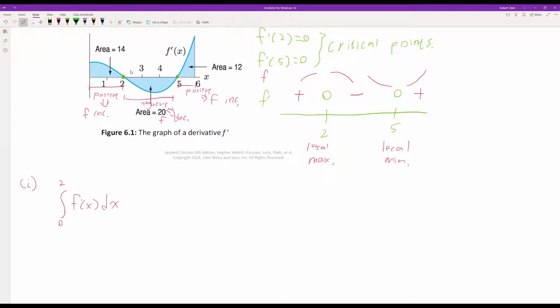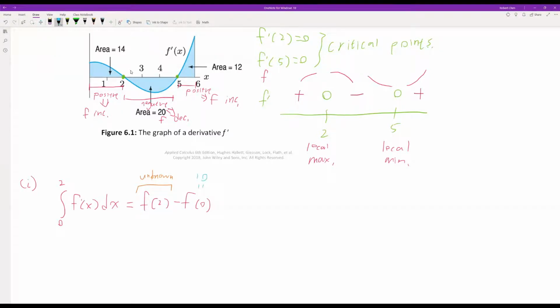By the fundamental theorem of calculus, we can say that this is equal to f of 2 minus f of 0. Now, just like earlier in the previous videos 5.5, f of 2 is the unknown, which is what we are trying to find. And we know f of 0. f of 0 is equal to 10.